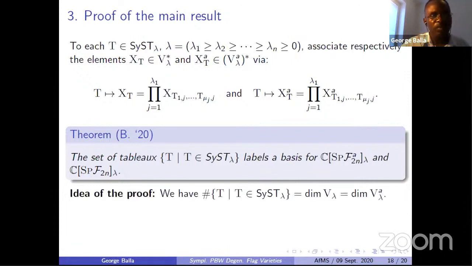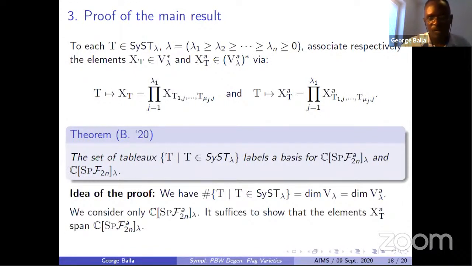The idea of the proof: first of all, from the previous result we know the number of tableaux is equal to the dimension of these modules, and this means that we have the right number of elements. So what we need to show is that these elements are spanning our coordinate rings.